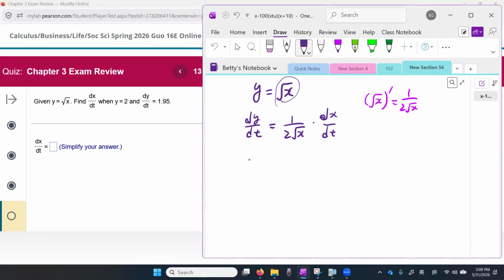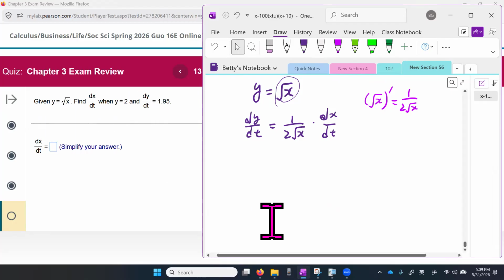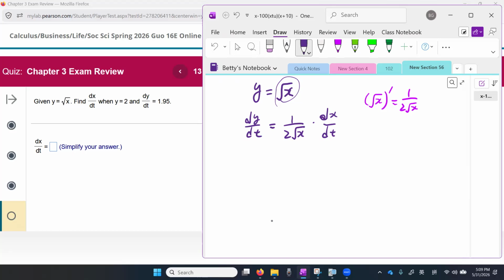Okay. Let's see, do we have anything to plug in? It says we need to find dx/dt at y equals 2. Well, y equals 2, x equals 4. When y equals 2, root x equals 2. So this part is 2. 2 times 2 is 4.